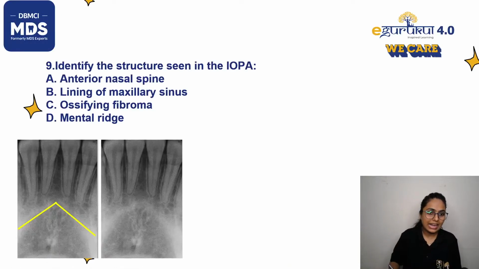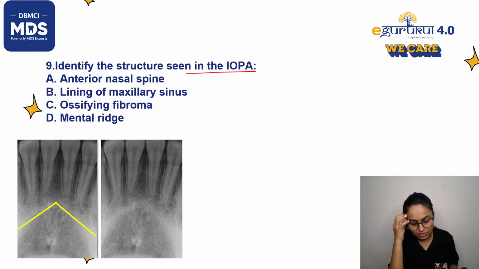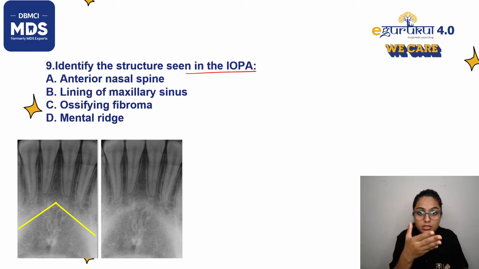Next question is, identify the structure seen in IOPA. These are very easy questions to answer if you are thorough with all the anatomic structures seen in IOPAs and OPGs.